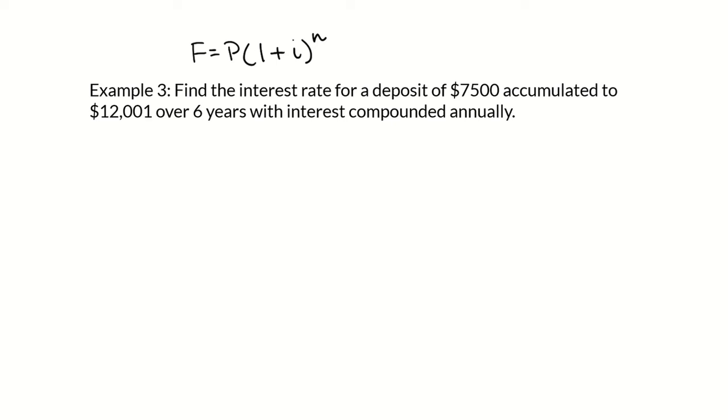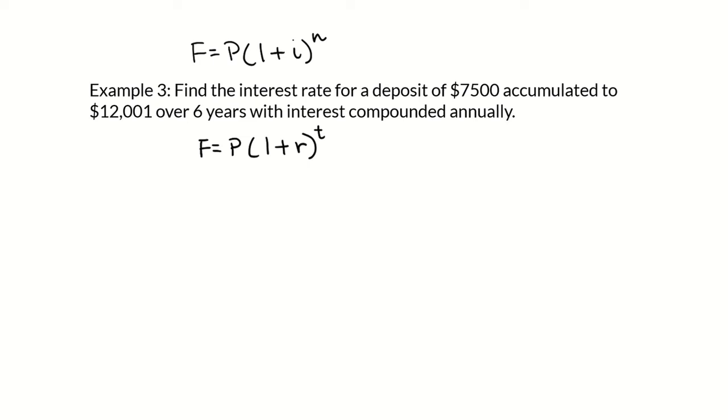Example 3: find the interest rate for a deposit of 7,500 accumulated to 12,001 over 6 years with interest compounded annually. Now, interest compounded annually means just one time per year. So in this situation, we can actually use the equation F equals P times (1 plus R) to the T, where T is the number of years.